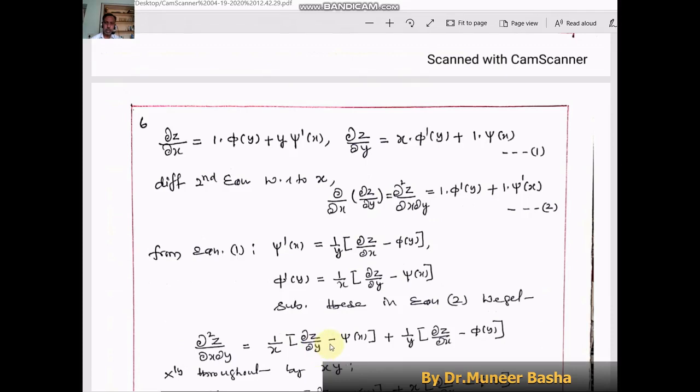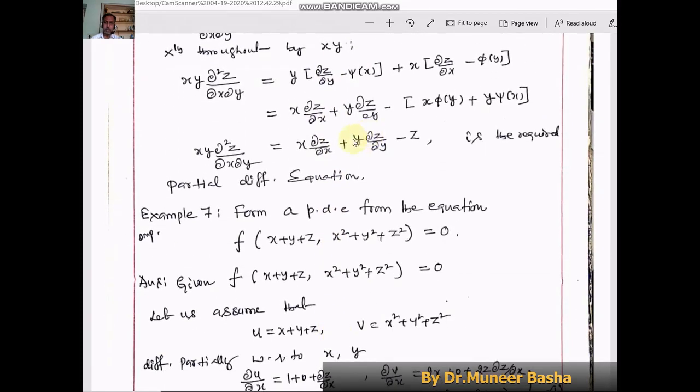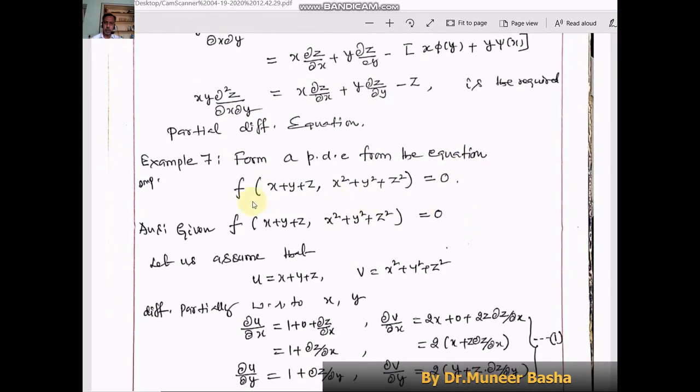And in another example, form a PDE from the equation f of (x plus y plus z, x square plus y square plus z square) equals 0. This is an important problem to be solved.